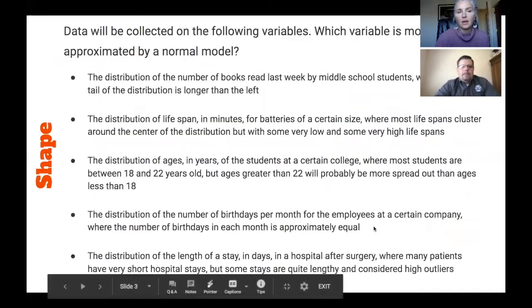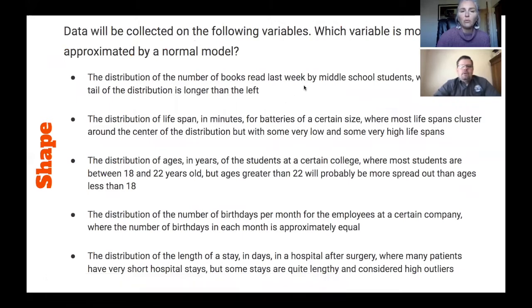So first question for you. Data will be collected on the following variables. Which variable is most likely to be approximated by a normal model? Remember, the normal model has that symmetric bell-shaped curve.